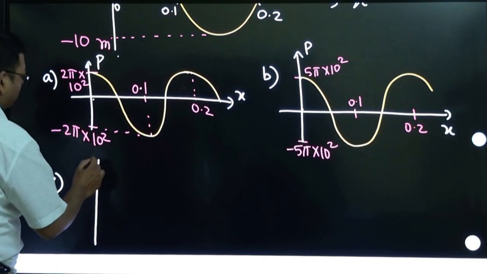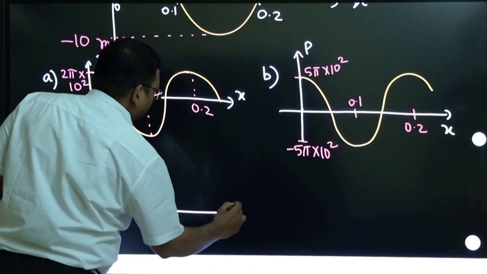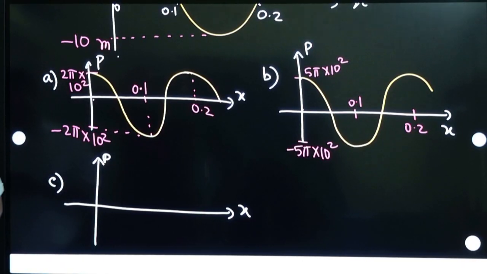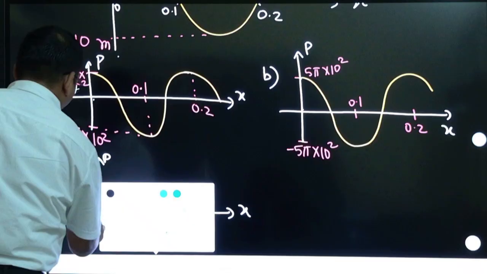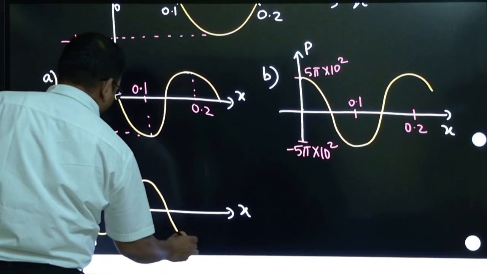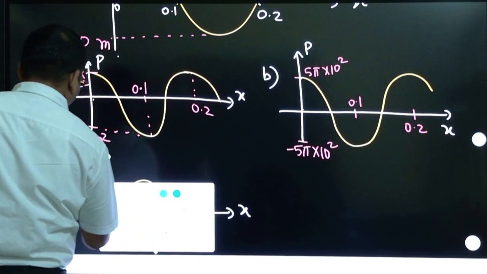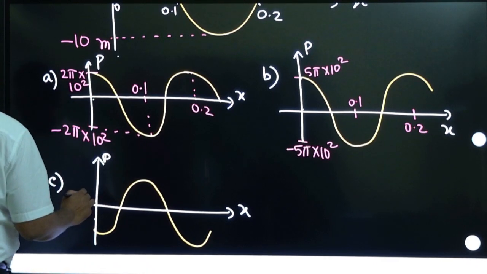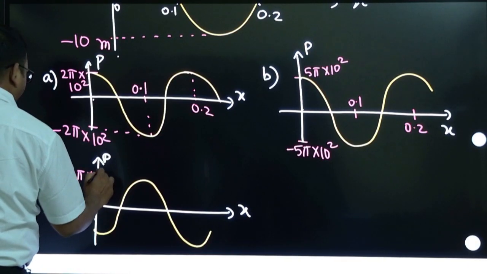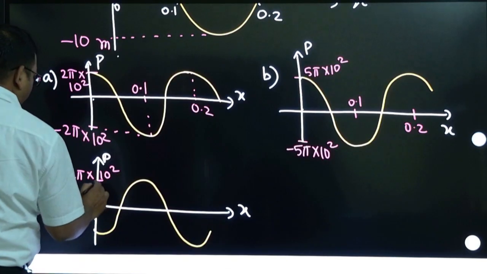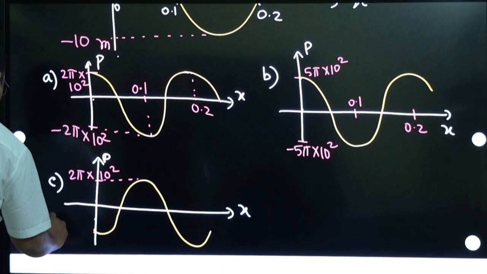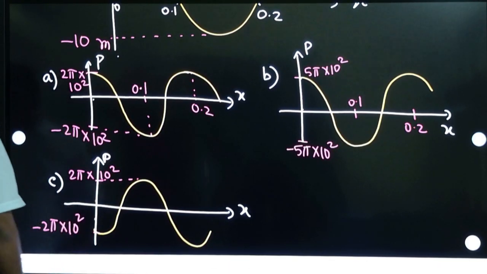Option C. The upper value is 2 pi into 10 to the power 2, and the lower value is minus 2 pi into 10 to the power 2.